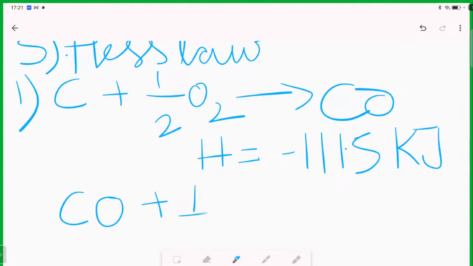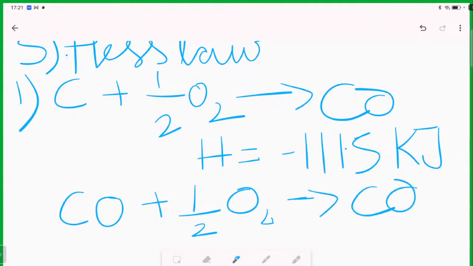CO गैस को हाफ O2 गैस से रिएक्ट करवाएंगे तो हमको CO2 मिलेगा, राइट?